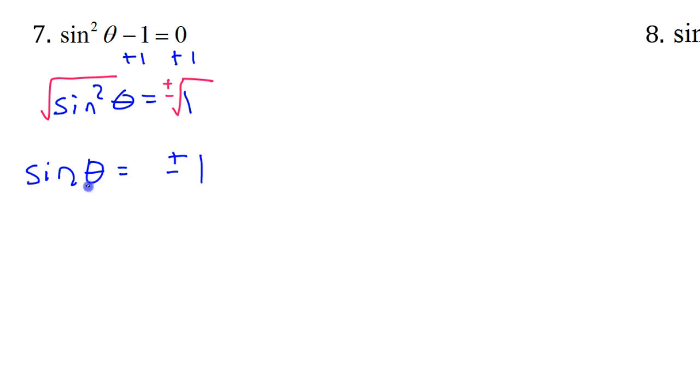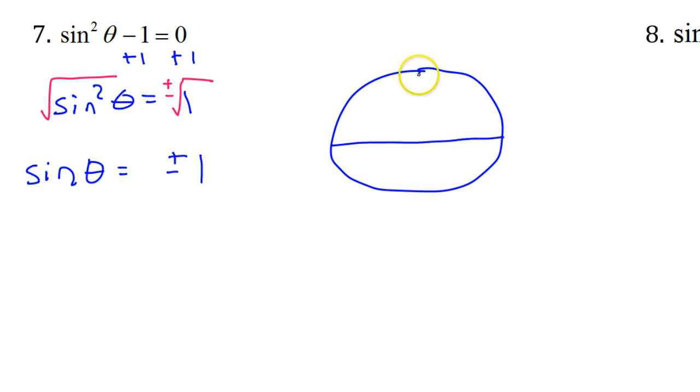So at what angle will that be true? This is probably best to look at if you just draw the unit circle. Remember that sine is a y value on the unit circle. For example, this point right here is the point 0, 1.